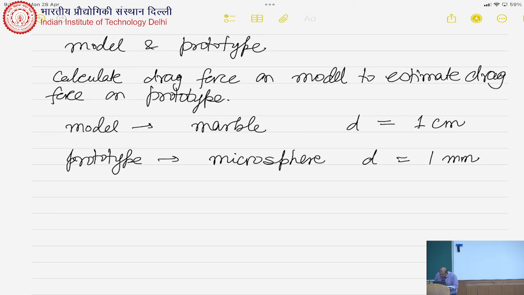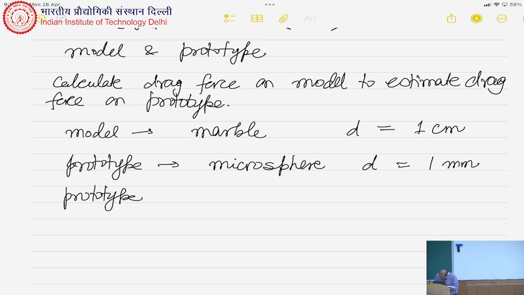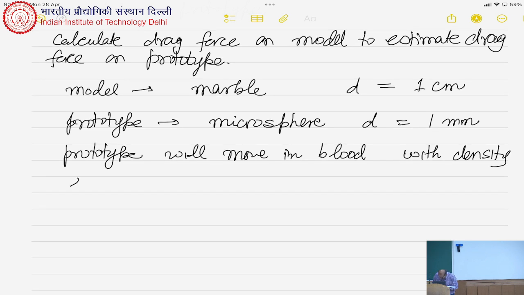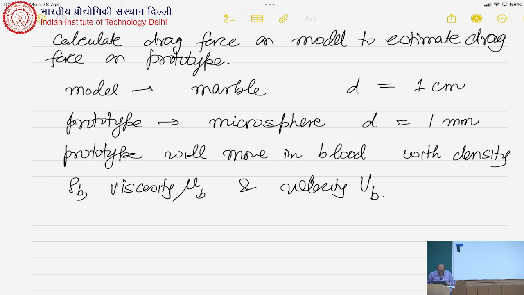Okay. Now this prototype, we are thinking of some sort of something in the human body, maybe the dimension is even less. I'm just cooking up an example.